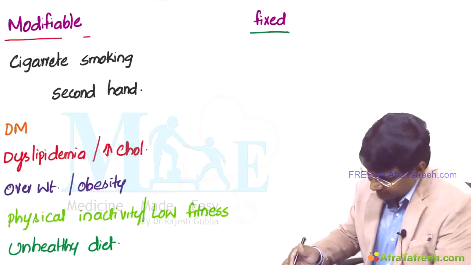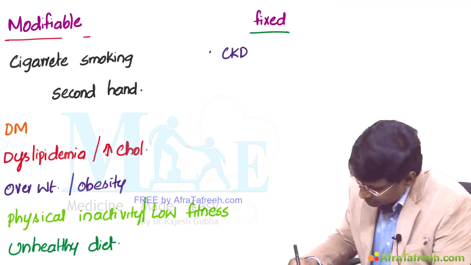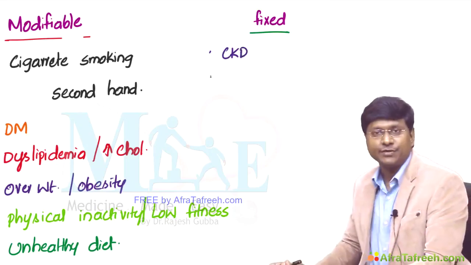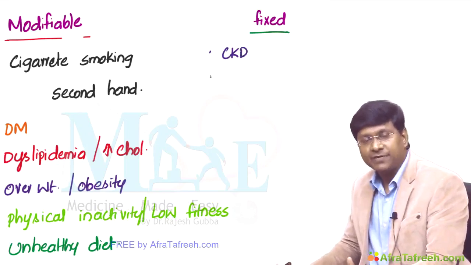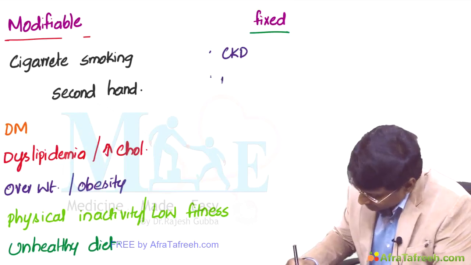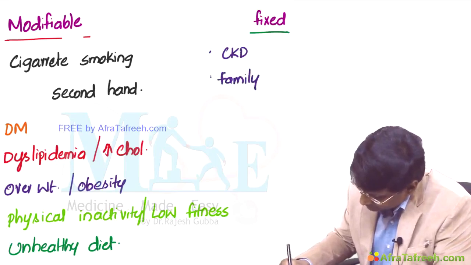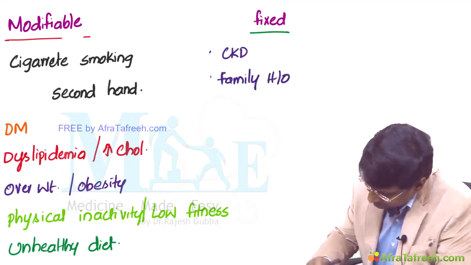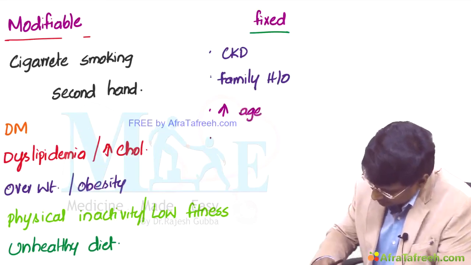The fixed risk factors include chronic kidney disease, like when the individual lands up in end stage renal failure. That is fixed. We cannot revert it once the individual lands up in stage 5 chronic kidney disease. Next is family history. It is fixed. We cannot modify the family. Next is the increasing age of the individual, right?